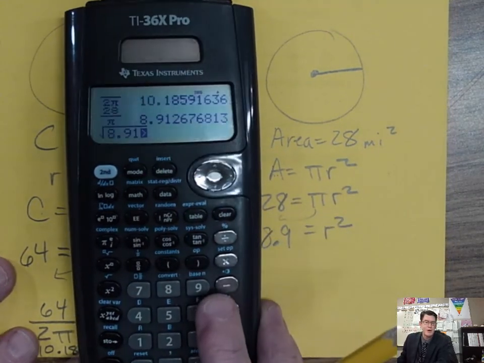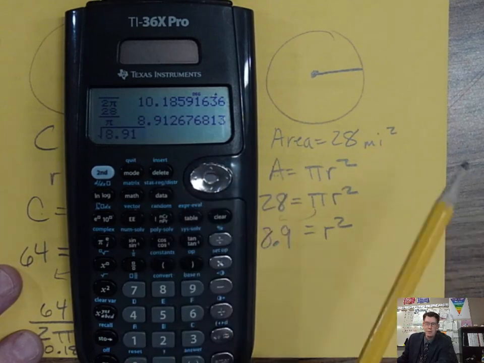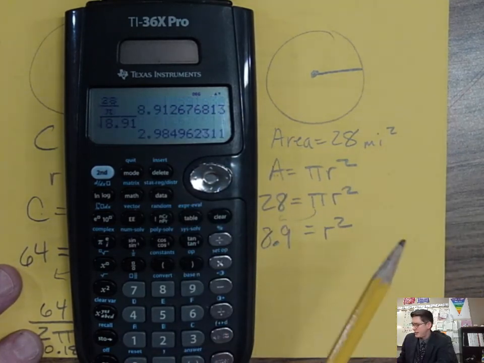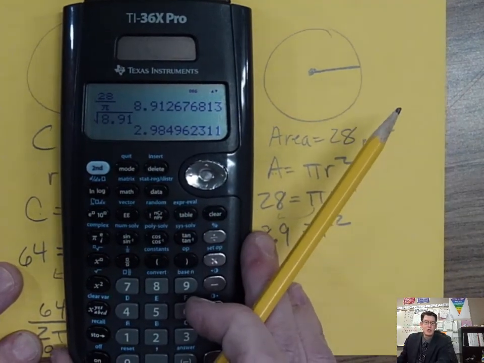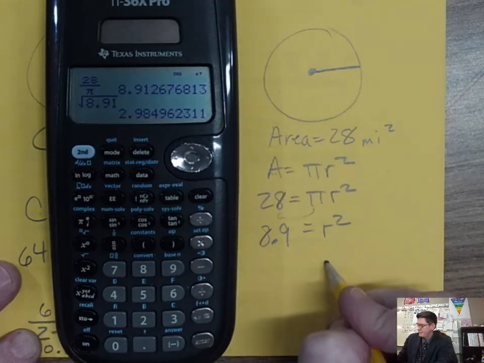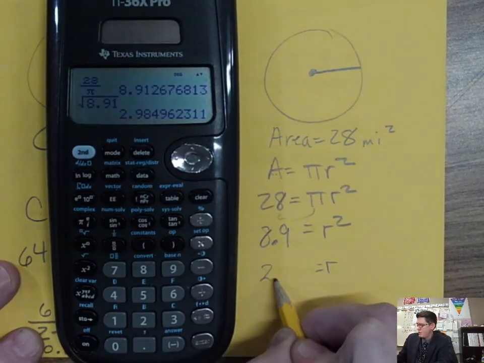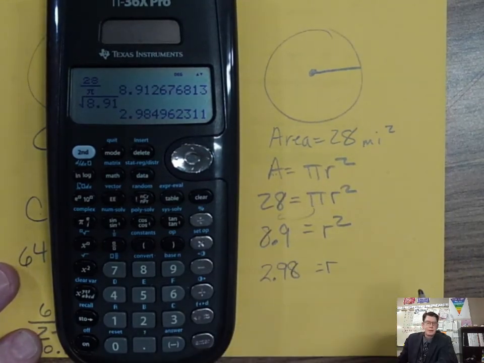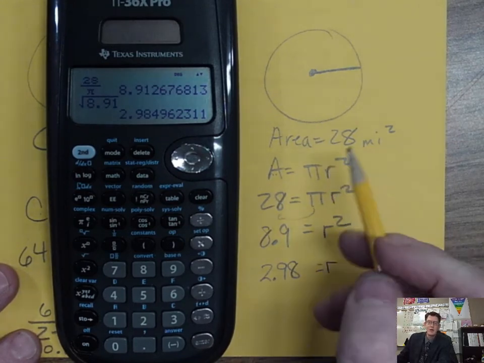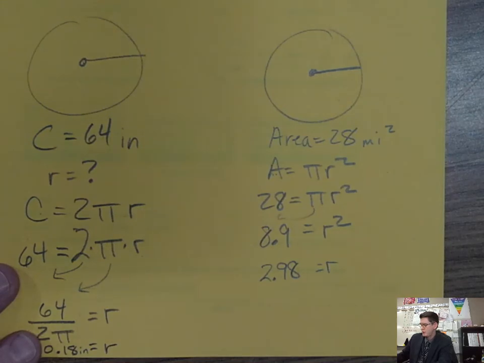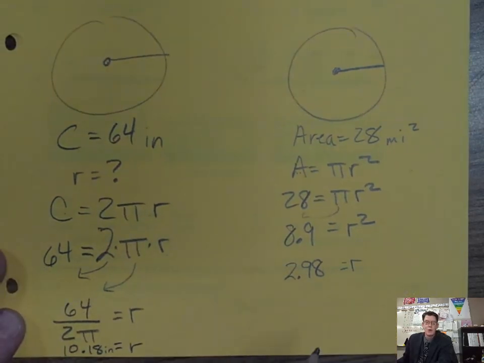I could go out as far as I wanted from this number. And then I hit enter, and it tells me that it's 2.98. So the radius, when I take the square root, is 2.98. And there you have it. So you can work these equations backwards as well once you know the formulas.